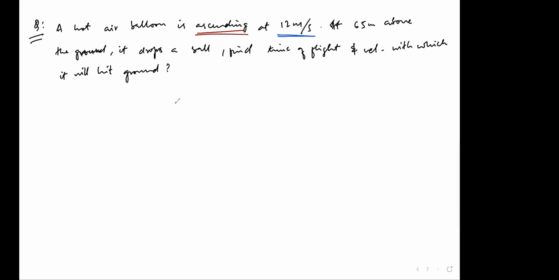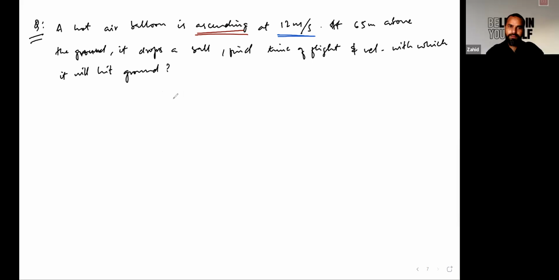Okay, in this particular problem, S is minus 65. So you just use S equals ut plus half at square, as S is minus 65 meters. Initial velocity is in upward direction, so it will be taken as plus 12 meters per second.